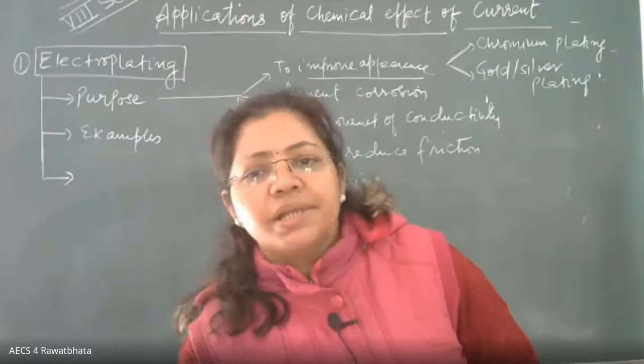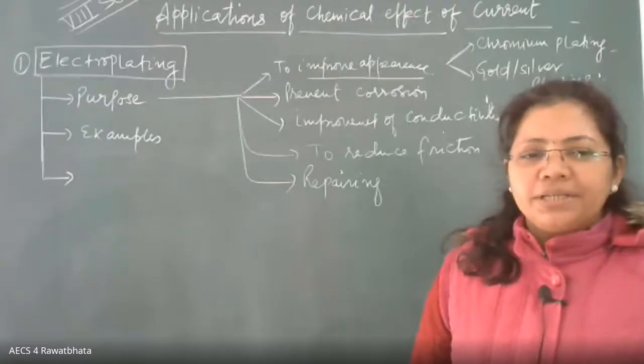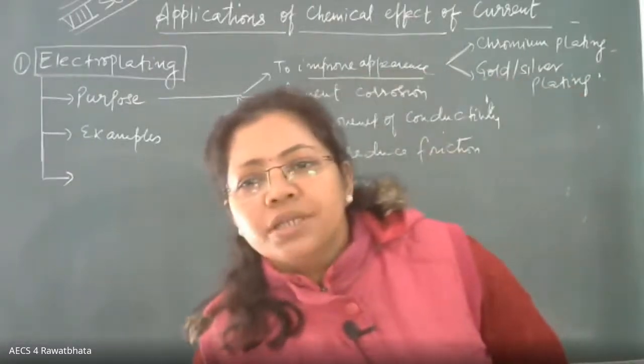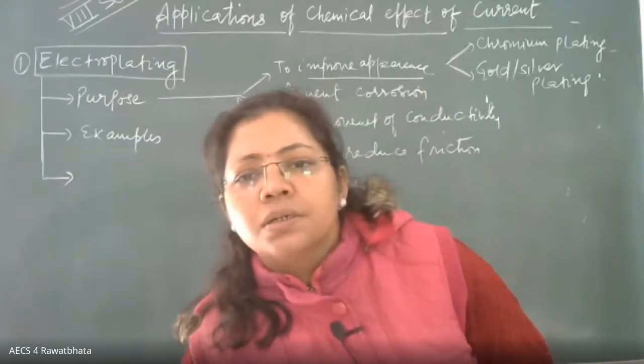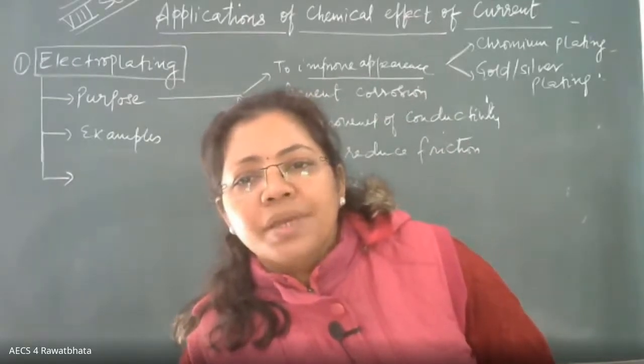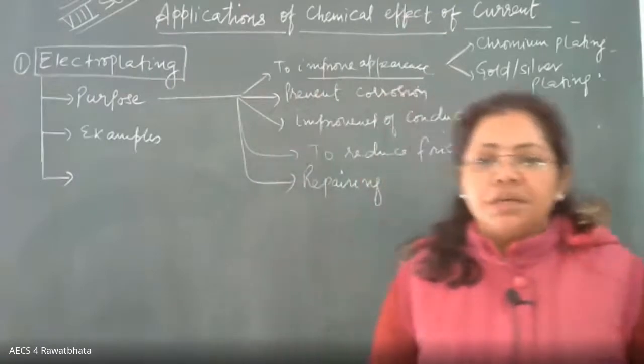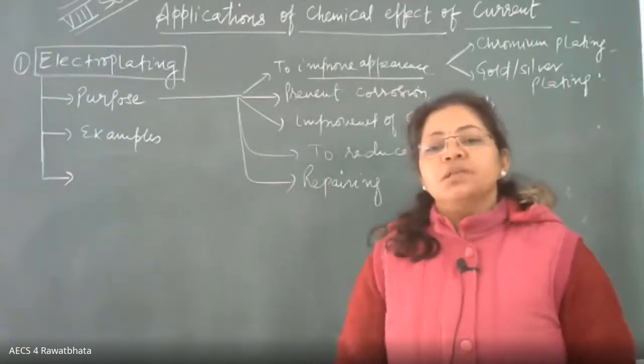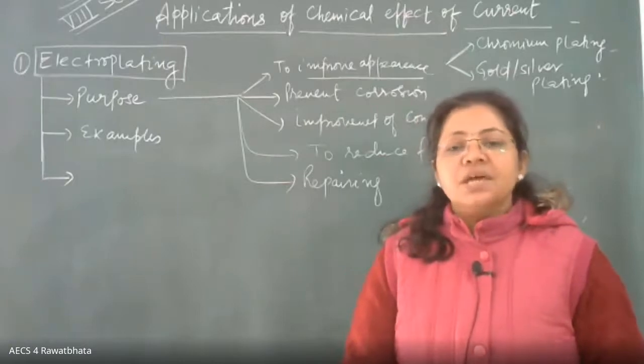Saksham Kumar, tell. Ma'am, because it has a high melting point. Not melting point actually. What about others? Why is chromium preferred for electroplating? Why do we make a layer of chromium on most of the things in our day-to-day life? Yes, Navya. Ma'am, because it doesn't corrode.